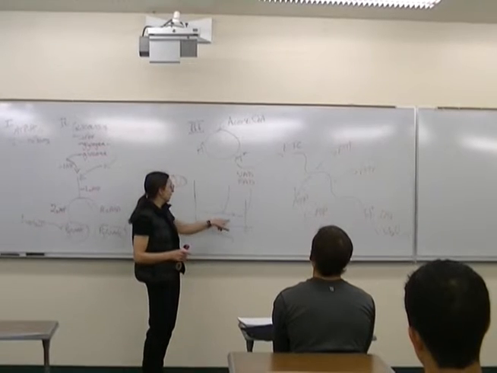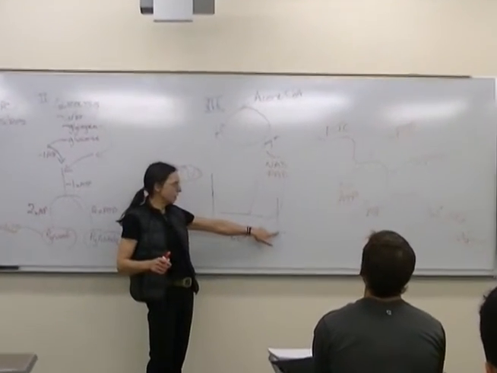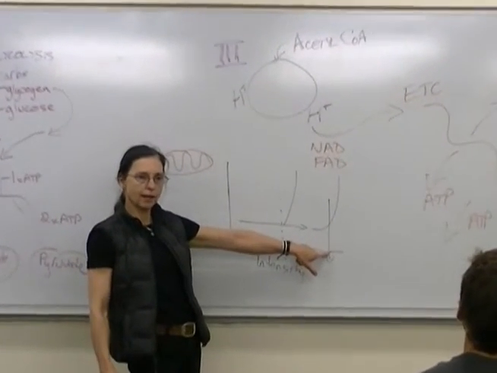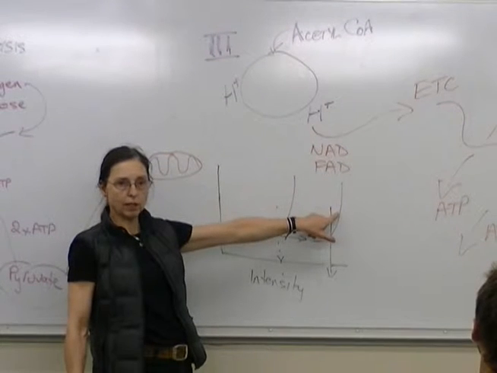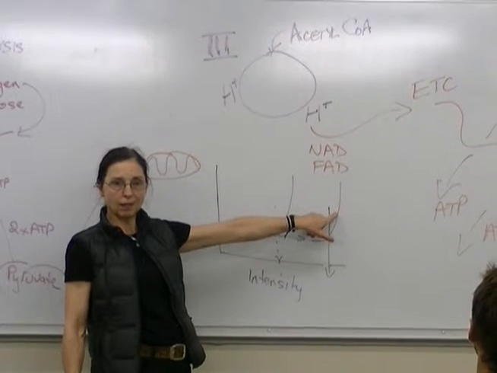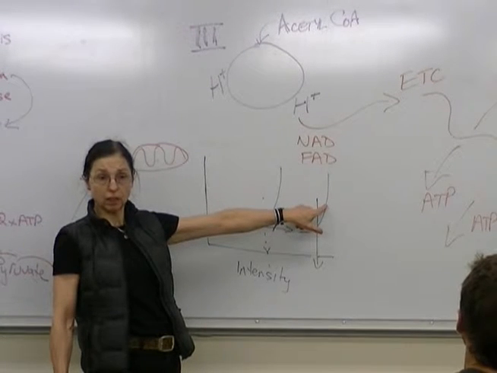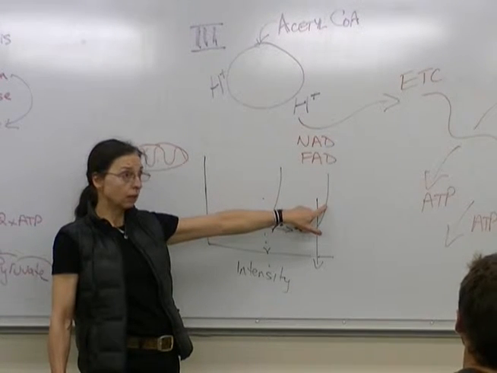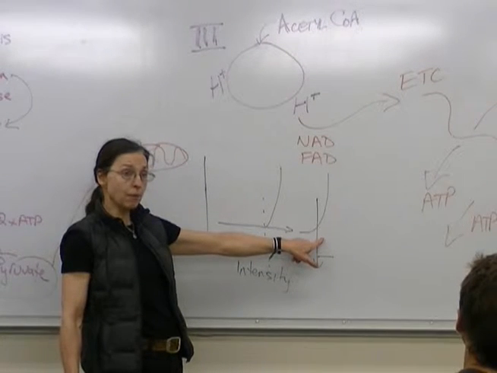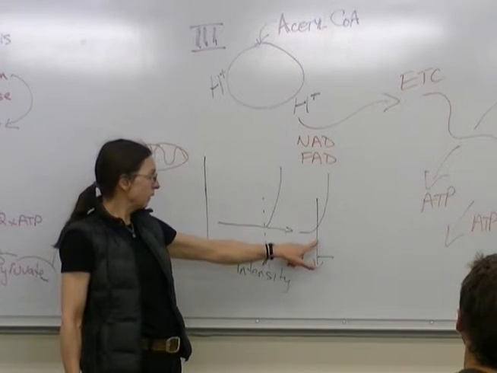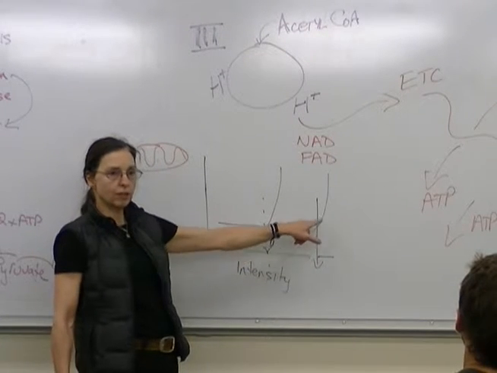If I shift the lactate threshold to the right, I'm increasing the intensity level that I can work at until I start to utilize carbohydrate and glycolysis again, because then I start building up lactate and then I start fatiguing quickly. So if I shift this to the right because I train properly, then it allows me to work harder before I start to fatigue.